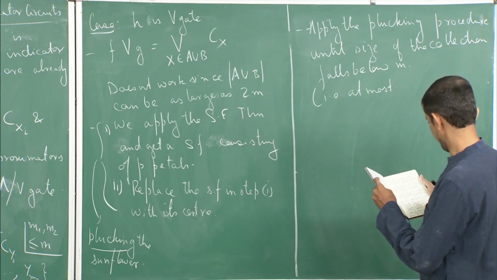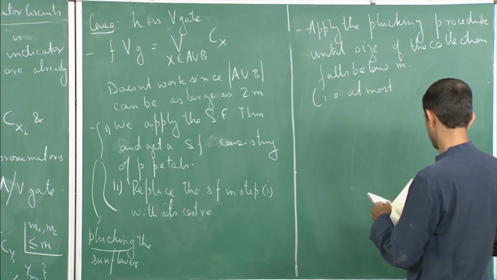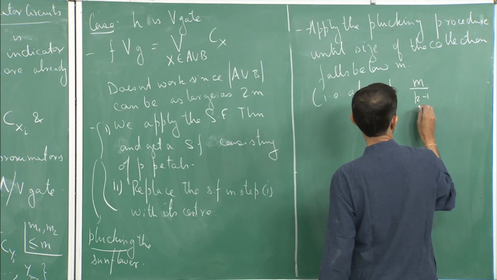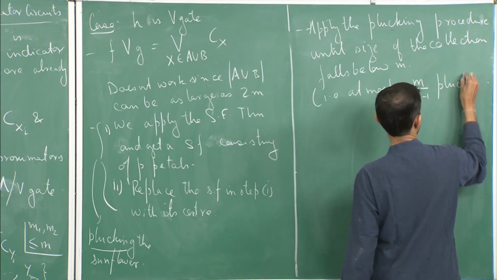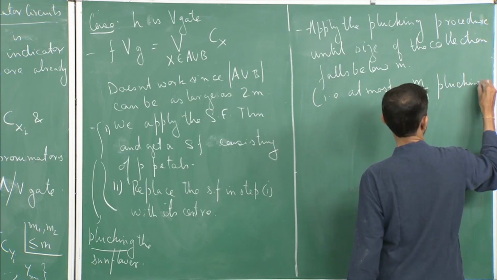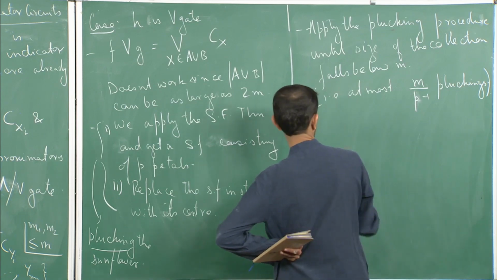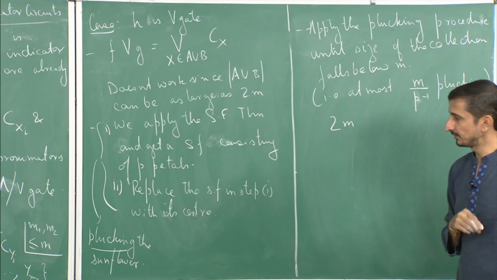So, I had it over here. Yeah, m by p minus 1 pluckings. Okay, so this is easy to see. Again, let me just do this. We start with a size at most 2m.